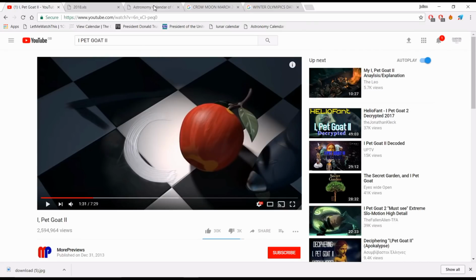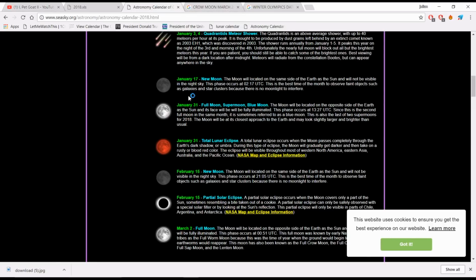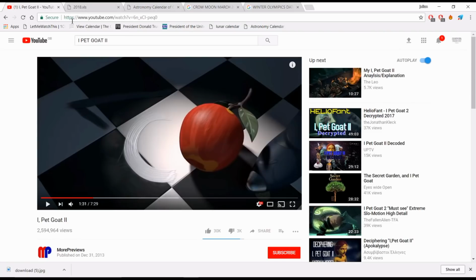If it is the 17th of January that we're talking about here, and it appears to be dark, then that appears to be represented on the astronomy calendar, where we have a new moon on January the 17th, which means no light, basically. It's dark. And that appears to be what we're seeing in this particular scene here.